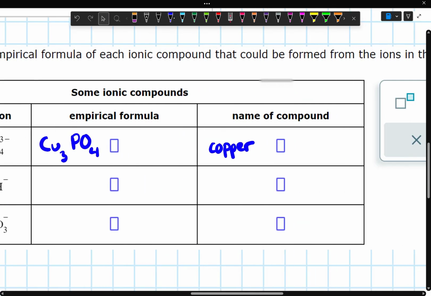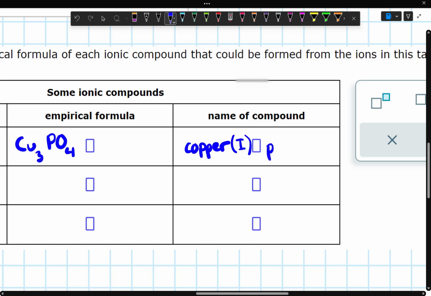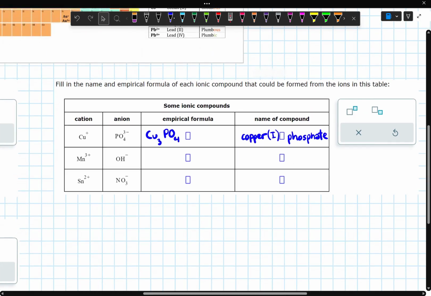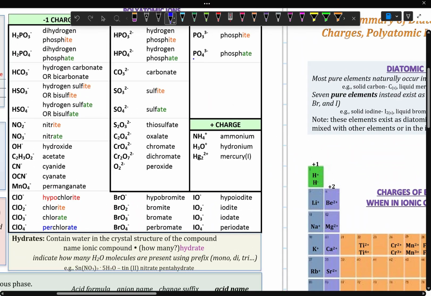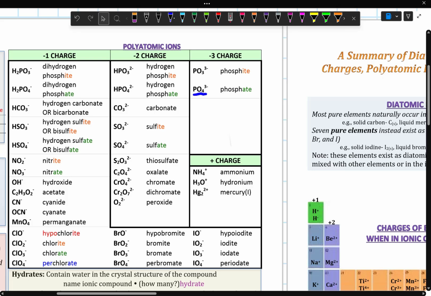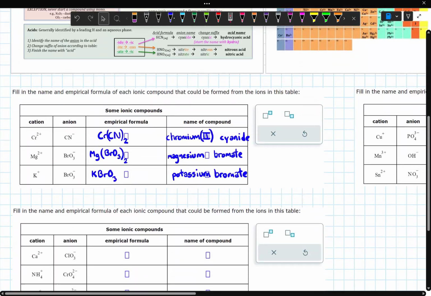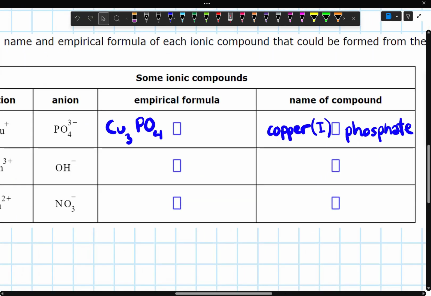So we just write copper(I). And then our polyatomic ion, which is phosphate. And remember, if you didn't know that, phosphate is right up here in our -3 charge polyatomic ion sheet. So that is the first one.